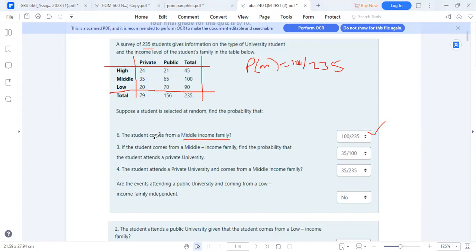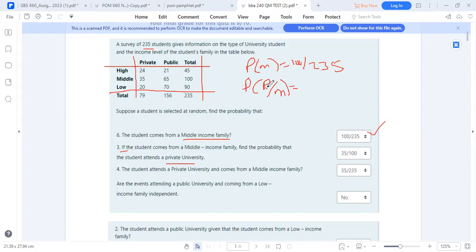What's the probability that a student will come from a middle income? So you go to the middle, the total is 100 over 135. Then the word if: if a student comes from middle income, what is the probability that the student attends a private university? So can someone tell me P given M? This is private, this is public.